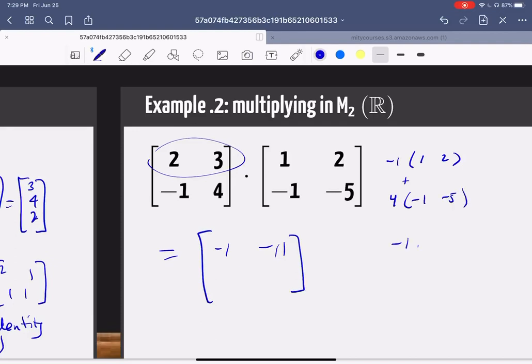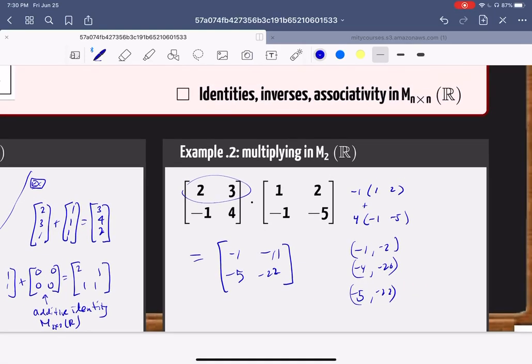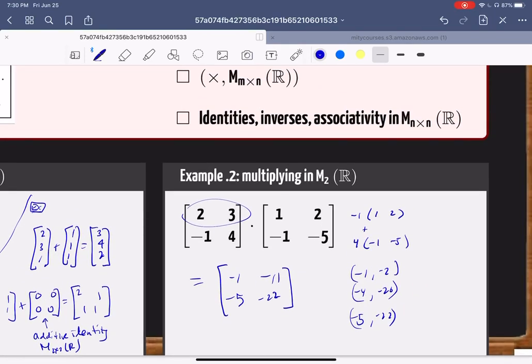That would be negative 1, negative 2 on the top, and negative 4 and negative 20 on the bottom. If I add them, it's going to give me negative 5 and a negative 22. So this is going to be negative 5 and a negative 22. This would be another way to think about it. It's a much broader, deeper way of thinking about multiplication of matrices.